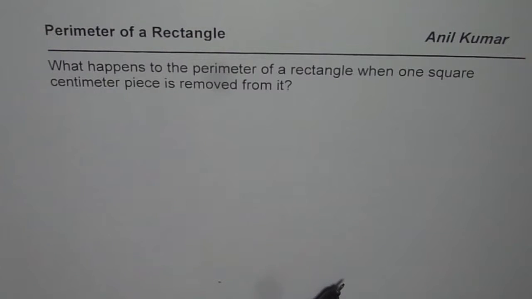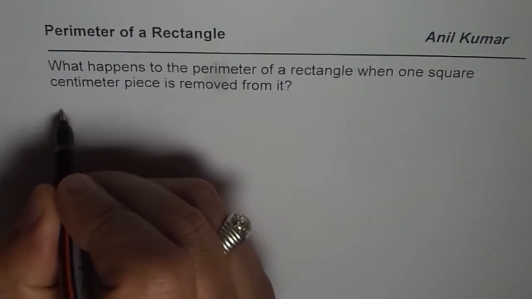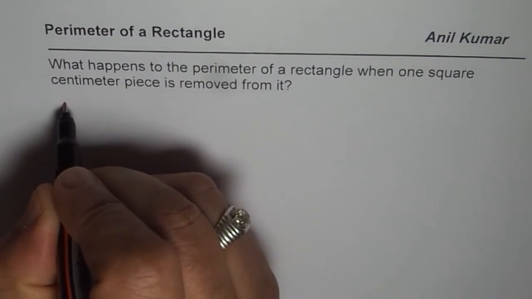Now, my very first question is that if I have a rectangle and if I remove something from it, will its perimeter increase or will it decrease? So you can pause the video and answer this question. If I have a rectangular piece, right, so if I draw it, I think it becomes more clear.